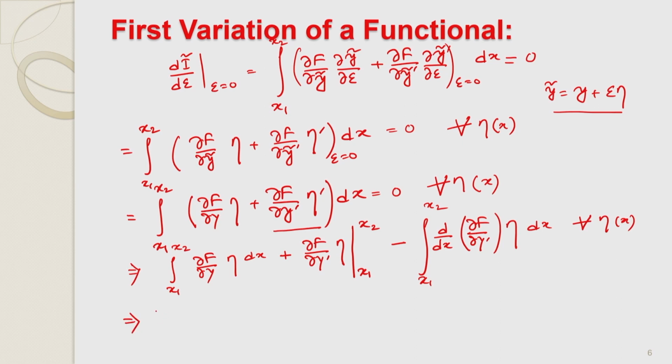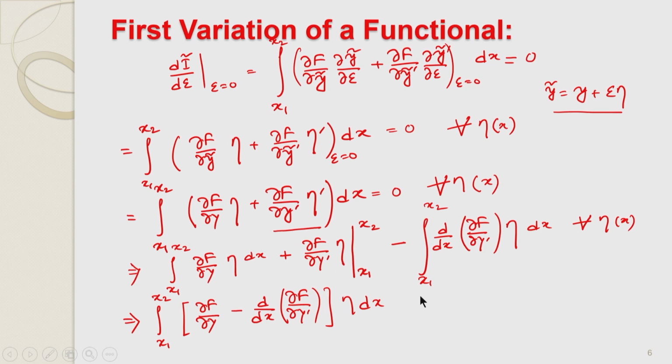So, we can club the domain terms as, now on the boundary, because eta is 0 at x1 and x2 as our function y is prescribed there, this will be 0, the boundary term will be 0. So, this is equal to 0.